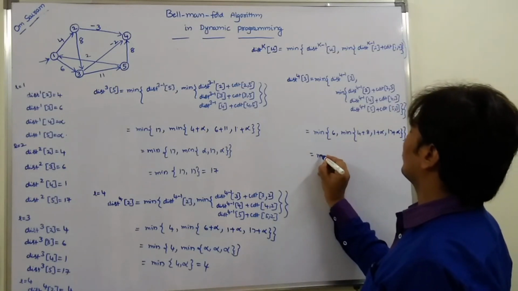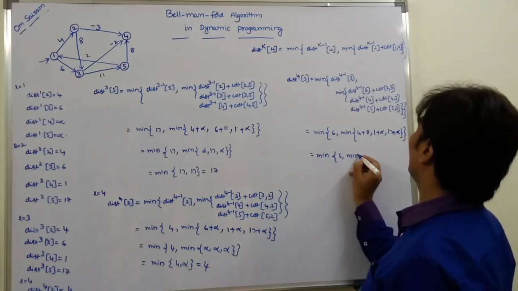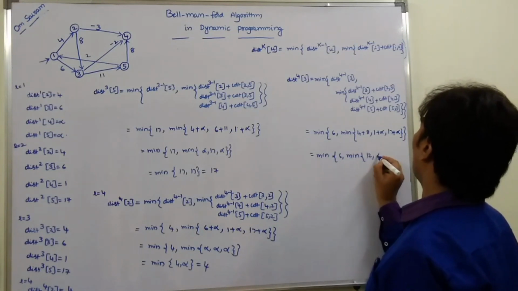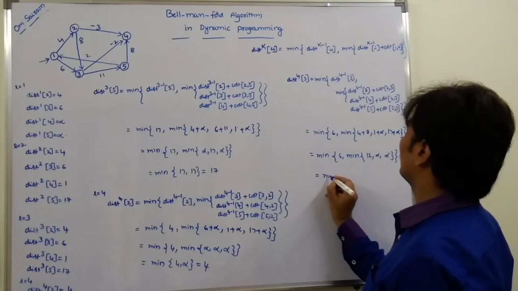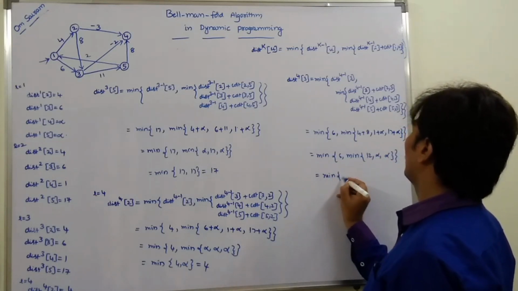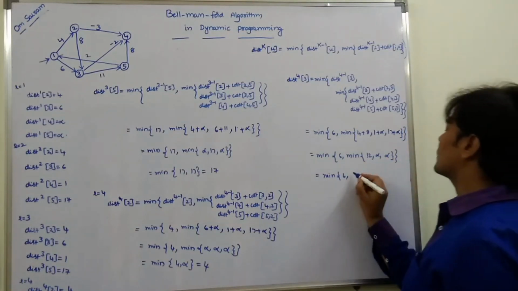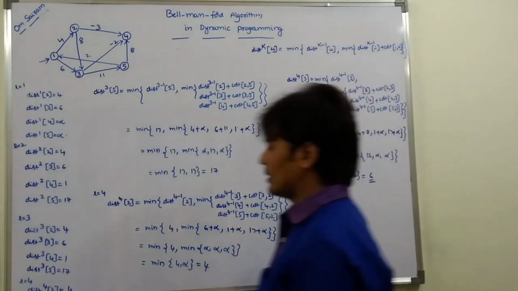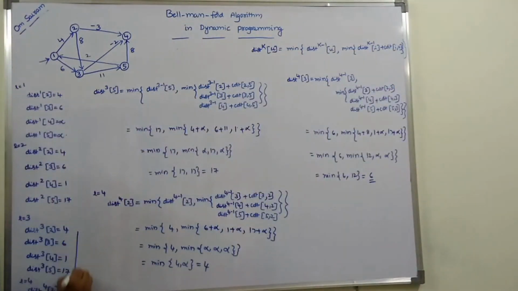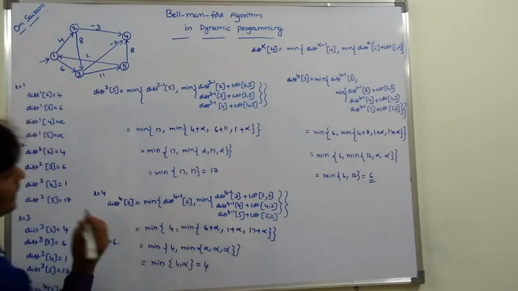So that is equal to minimum of 6 comma minimum of 12 comma infinity comma infinity. So minimum of 12 comma infinity is 12. So that is 6. DIST 4 of 3 is equal to 6.